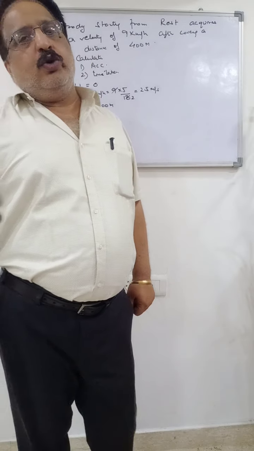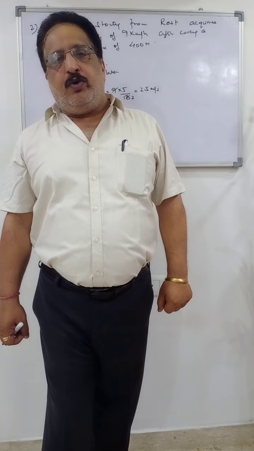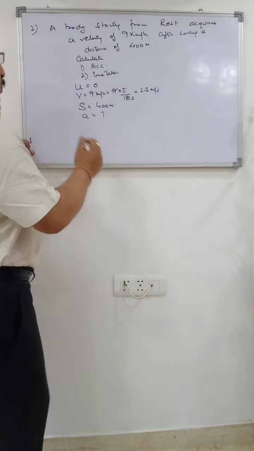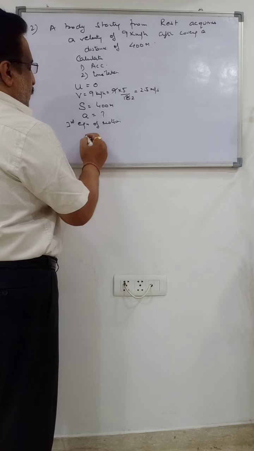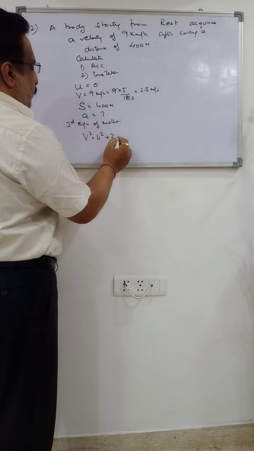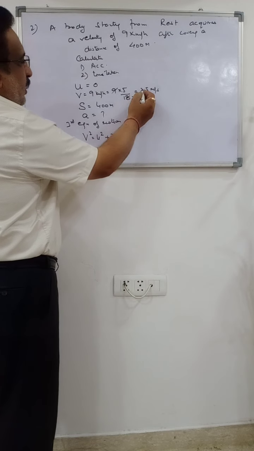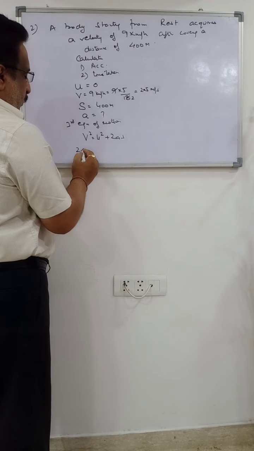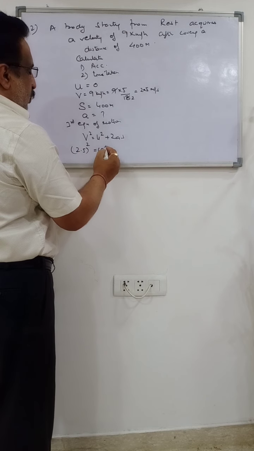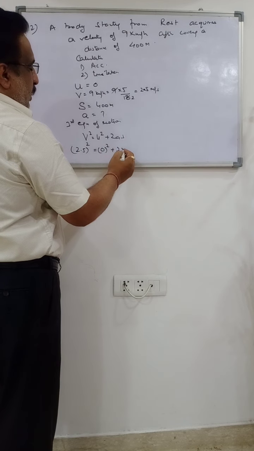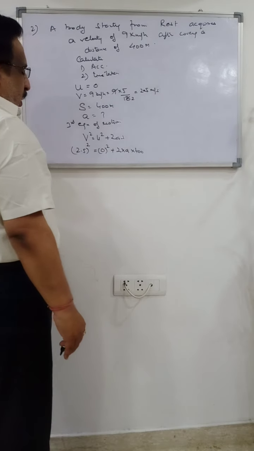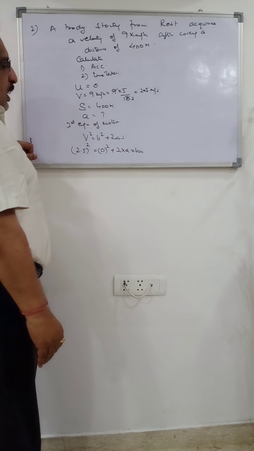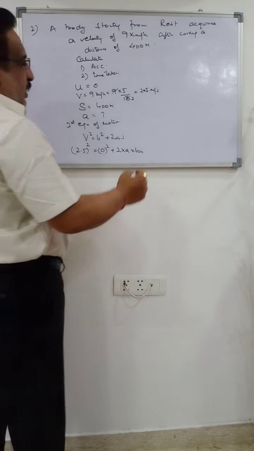And now what about the acceleration? Acceleration you have to calculate. So you have to search for a relation between V, U, A and S. So the equation used will be the third equation of motion: V square is equal to U square plus 2AS. What is V? 2.5. 2.5 whole square is equal to 0 square plus 2 into A into 400.